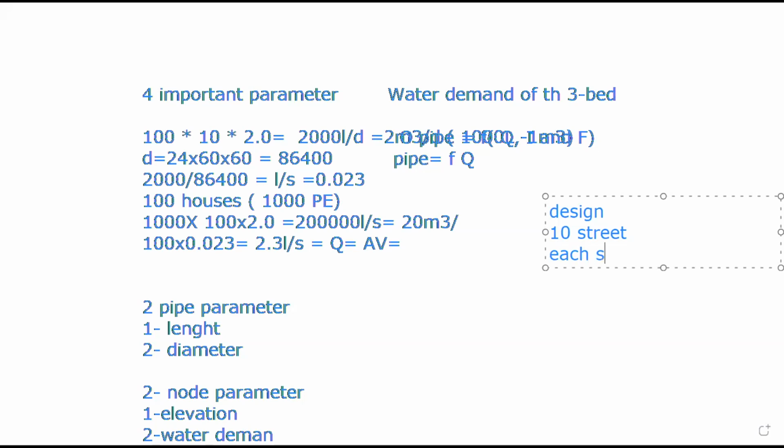Each street has 100 houses. Or I'll simply ask you to design for 1,000 population equivalent.